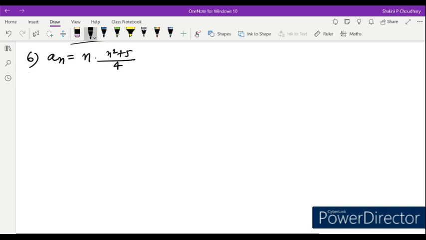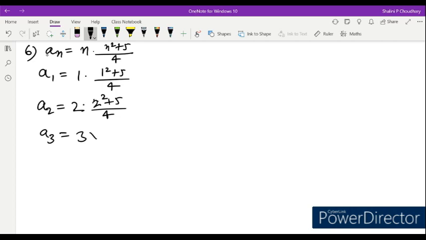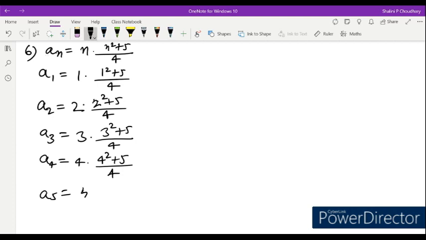Okay, so how will we find a1, the first term: 1 into 1 square plus 5 upon 4. a2 will be equal to 2 into 2 square plus 5 upon 4. a3 will be equal to 3 into 3 square plus 5 upon 4. a4 will be equal to 4 into 4 square plus 5 upon 4, and a5 will be equal to 5 into 5 square plus 5 upon 4.